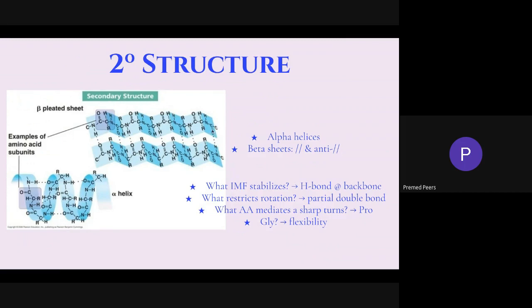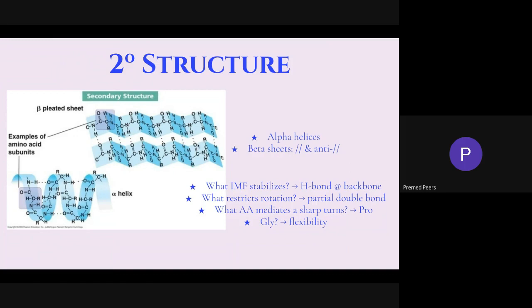In that kind of conformation, we call it anti-parallel, because they are not going in the same direction. Whereas, let's say both of them are going in the same direction, from the N amino group and then to the C alpha group, and then to the carboxylic group, if both of them are going in the same direction, then they are parallel.